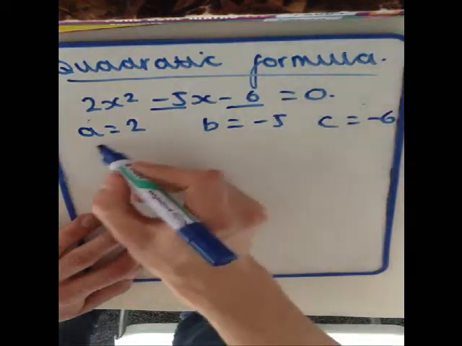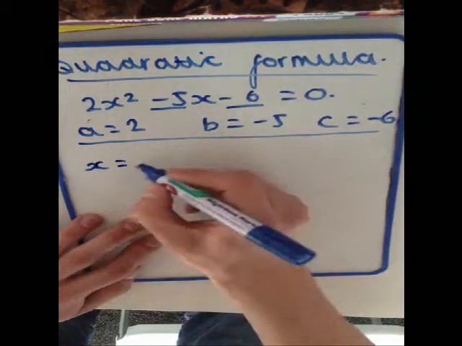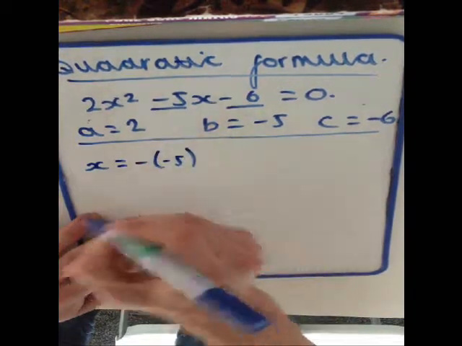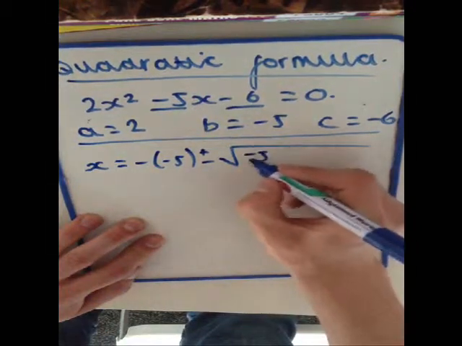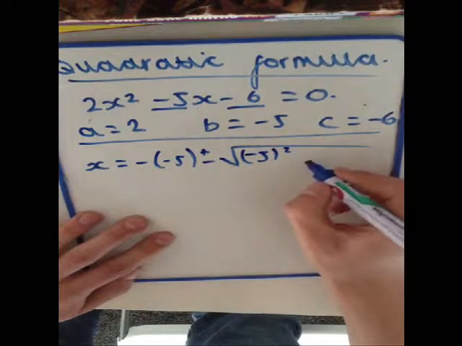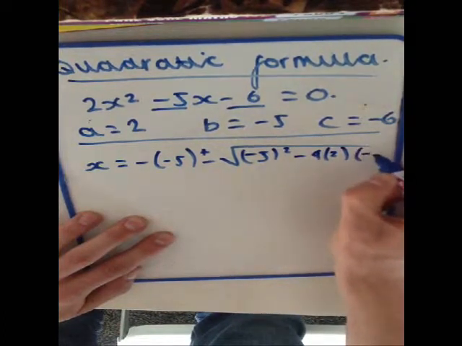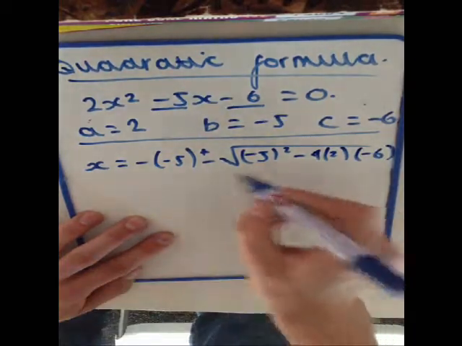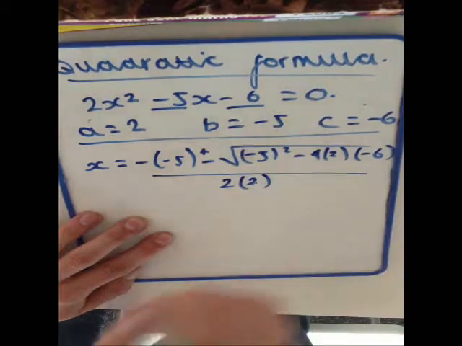Now if we substitute these values into my quadratic formula, we have x is equal to minus bracket minus 5 plus or minus the square root of minus 5 squared minus 4 brackets 2 bracket open brackets minus 6 close brackets, all under 2 brackets 2.